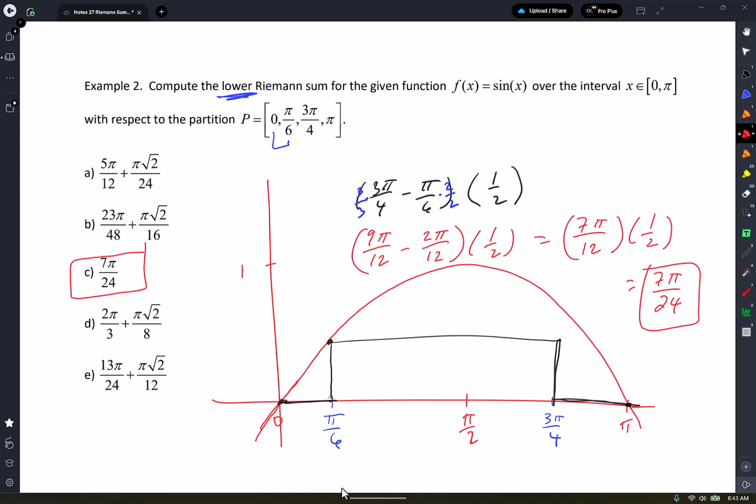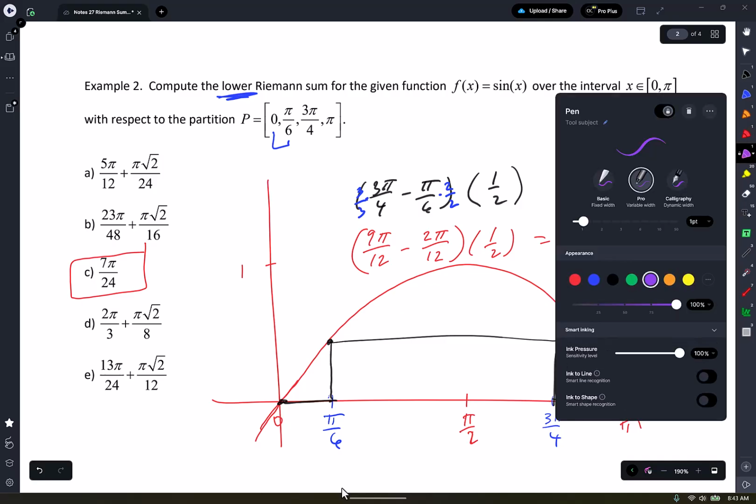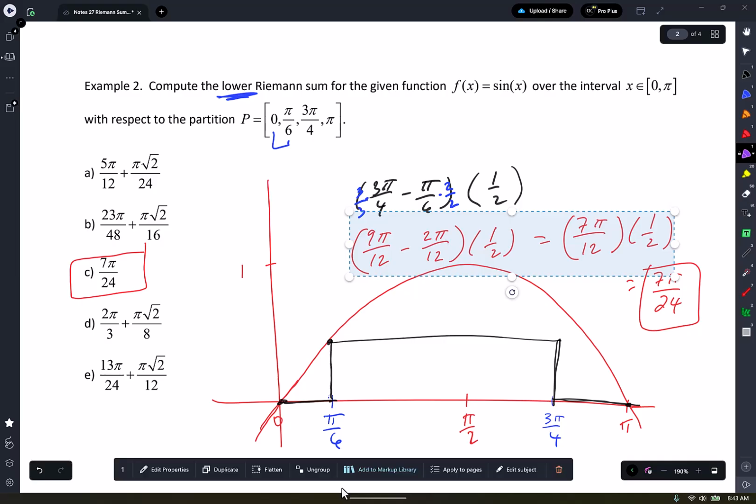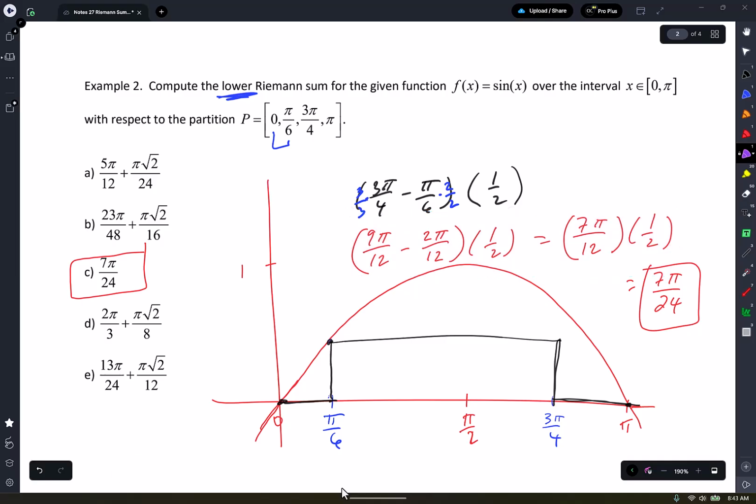If it would have said upper, we would have chosen pi over 6 for the first rectangle. Let me choose a different color. Let's do purple. If it would have said upper, don't write this down, guys, because it's not asking for upper. I would have chosen pi over 6. And between pi over 6 and 3 pi over 4, my biggest is at pi over 2. See?